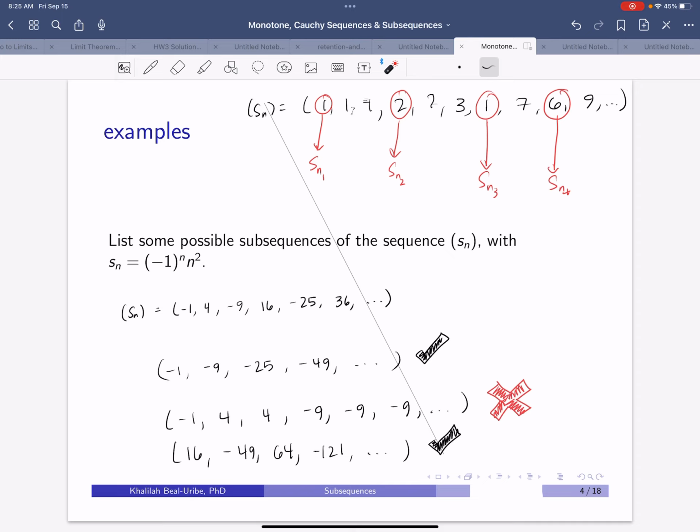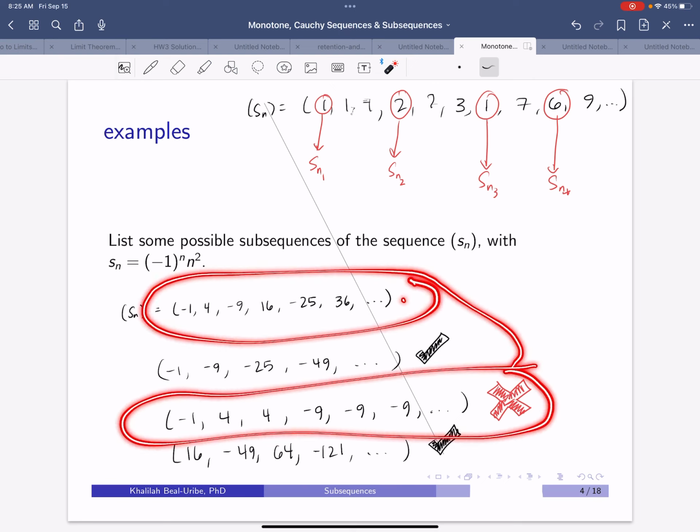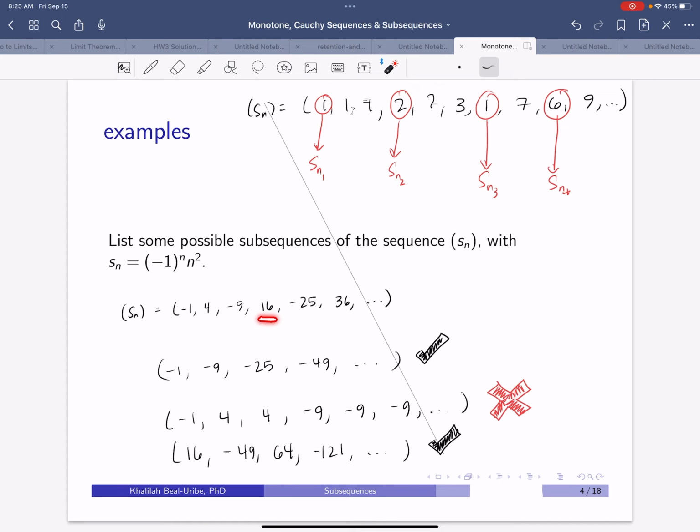Okay. Hopefully that's clear, but I didn't do a good job of explaining that. Basically, if you start off with this example here, you can't have this as a subsequence. But you could have just 16, and then you could just choose random. There doesn't have to be a pattern to how you choose the terms of your subsequence.